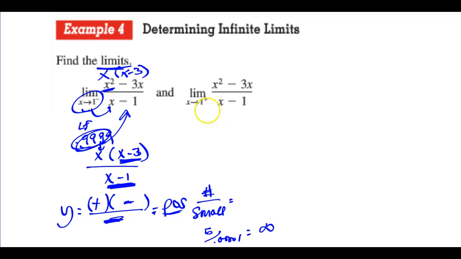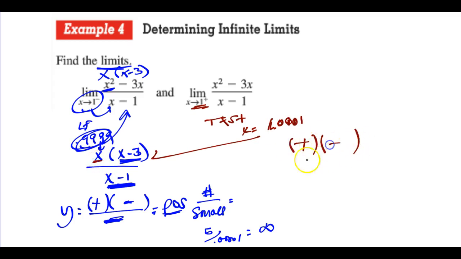Let's repeat this process. If you were to test, let x equal 1.0001, and I'm going to plug it into here again. This term is positive because 1.0001 is positive, and this is negative again. And then down here, this turns out to be positive this time. So again, this is negative divided by something really small down here.